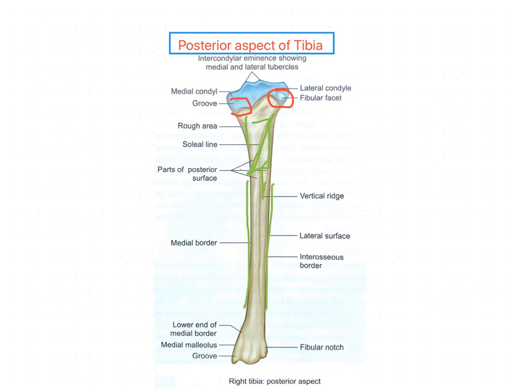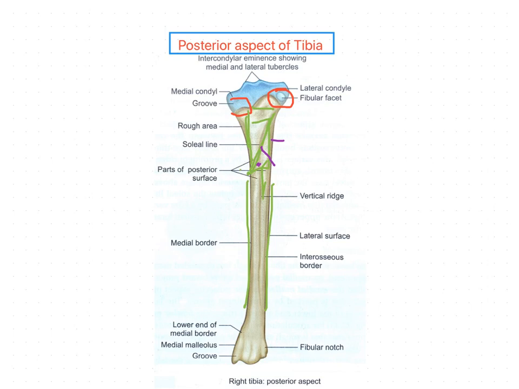The part of the posterior surface above the soleal line is triangular. The part below the soleal line is divided into medial and lateral parts.